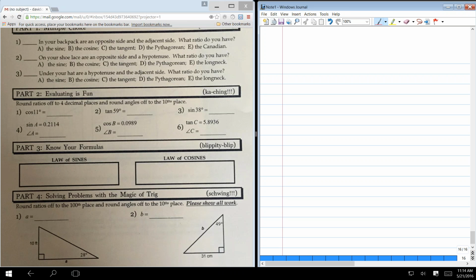I got 0.019197. Really? Shouldn't have gotten that. Inverse sine of 1.1. It's undefined.